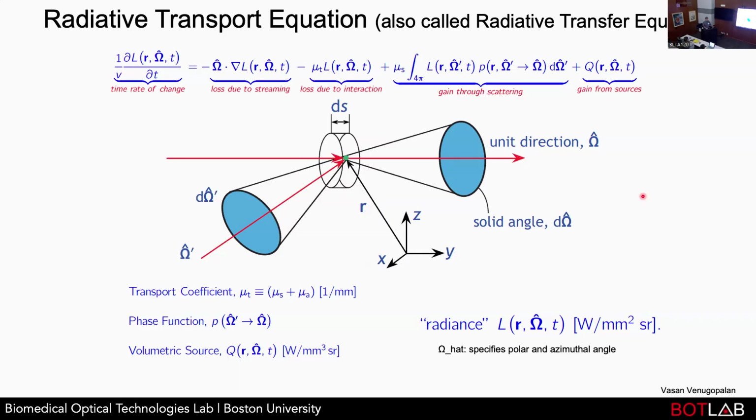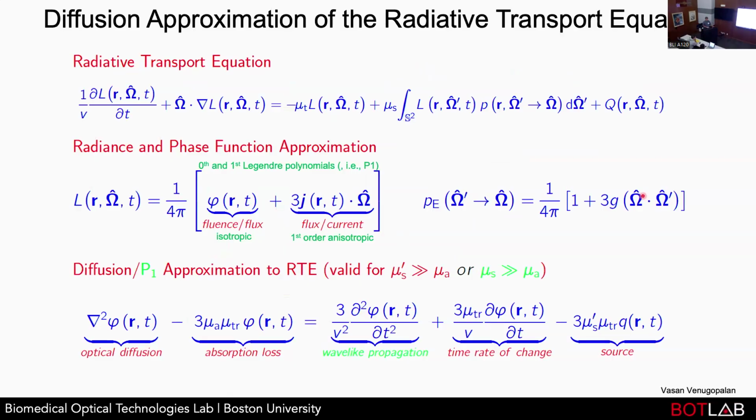But in diffuse optics, we'd love to be able to use the radiative transport equation. It's difficult to solve. Some people try to do it, but we use the diffusion approximation, where we make some assumptions. We expand the radiance into two terms, the 0th and 1st Legendre polynomial, fluence and flux, which tells us that light propagates mostly isotropically with some directional flux.